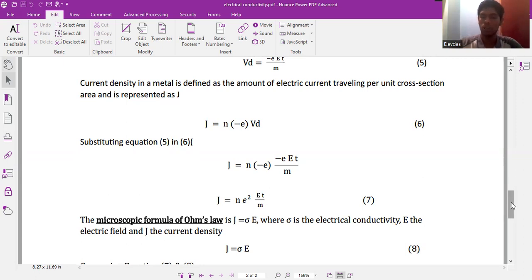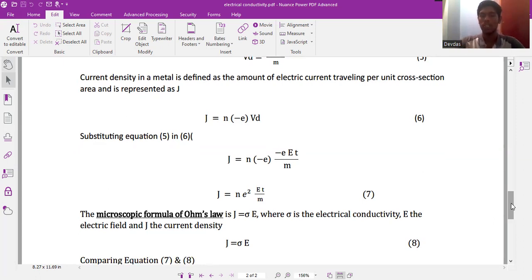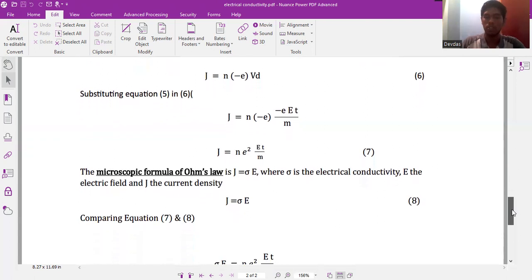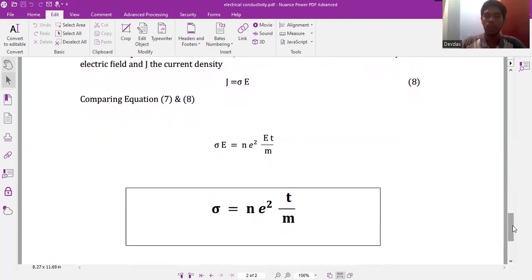Since J has n e square E t by m in the previous equation, and in the eighth equation, the new current density formula, we get J equal to sigma E. Comparing these two equations, we get sigma E equal to n e square E t by m.